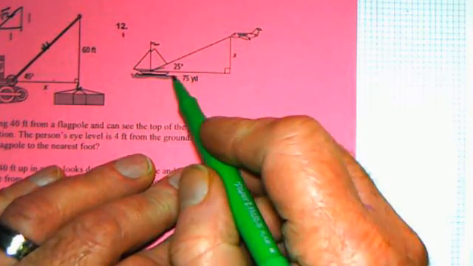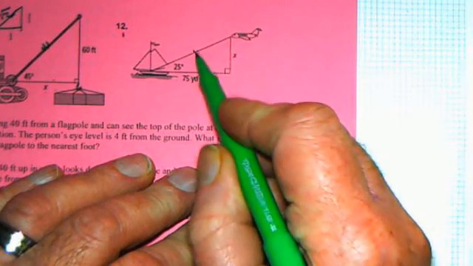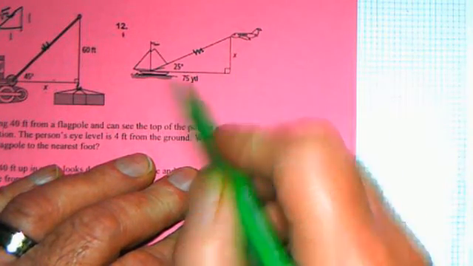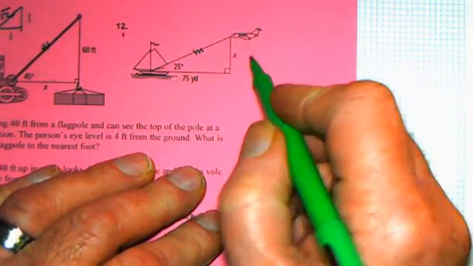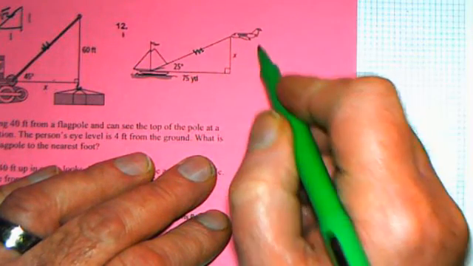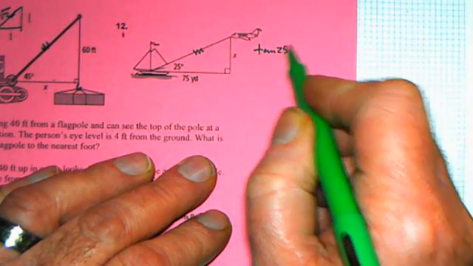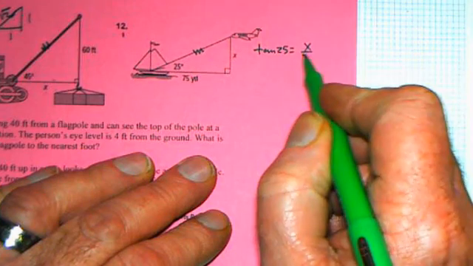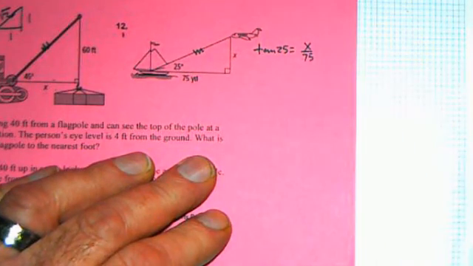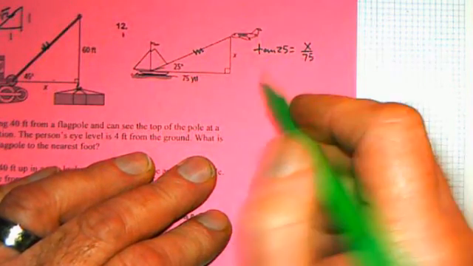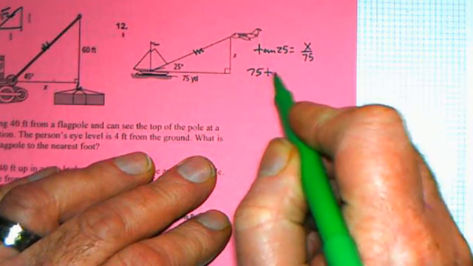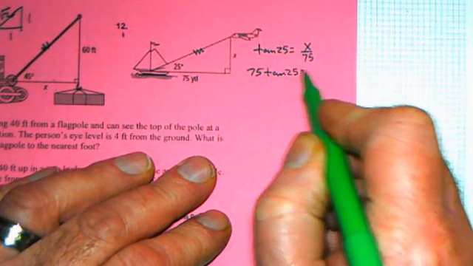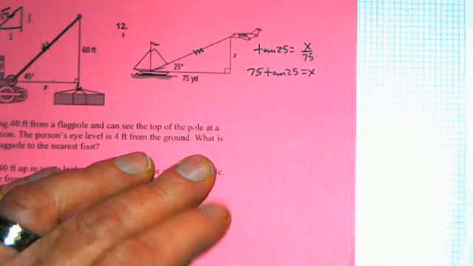So this is another tangent problem. Here's the hypotenuse. We have an opposite over adjacent. This is going to be tangent 25 is equal to x over 75, and the units are in terms of yards. Multiply both sides by 75. 75 tan 25 is going to be the height of the plane.